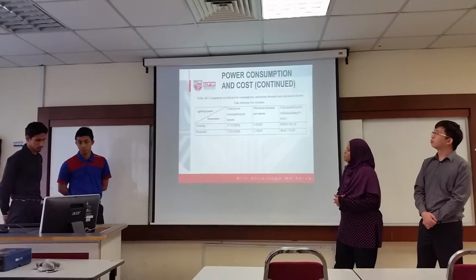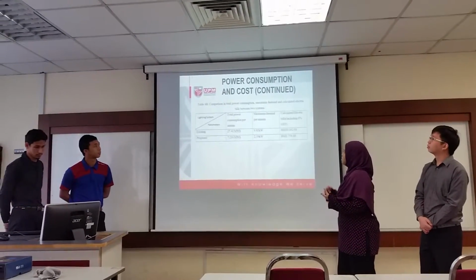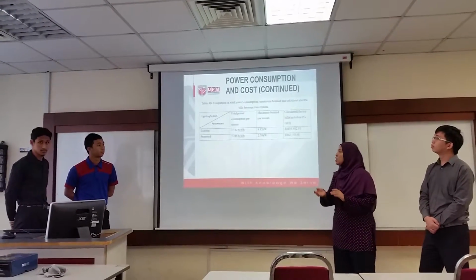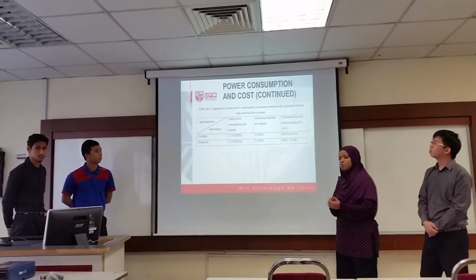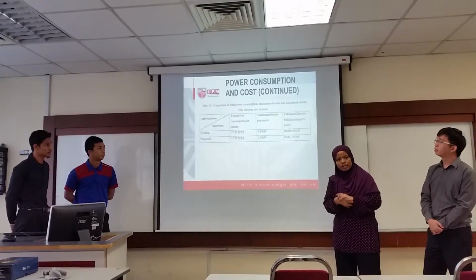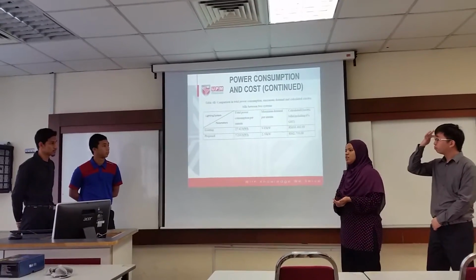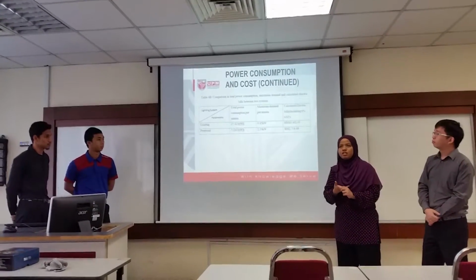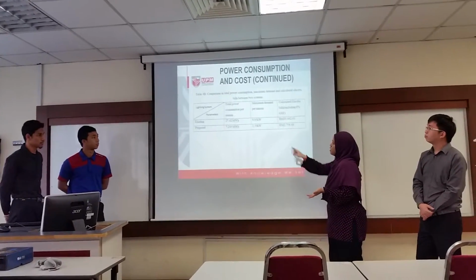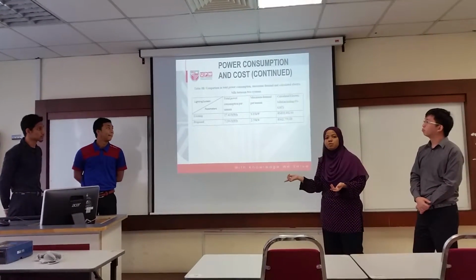Okay. The second table is about the comparison in total power consumption, maximum demand, and calculated electric bills between two systems. For the electric bill, we use the auto generated one from tnb.com.my, and before we can use that, we need to find these two: total power consumption per annum and the maximum demand per annum.